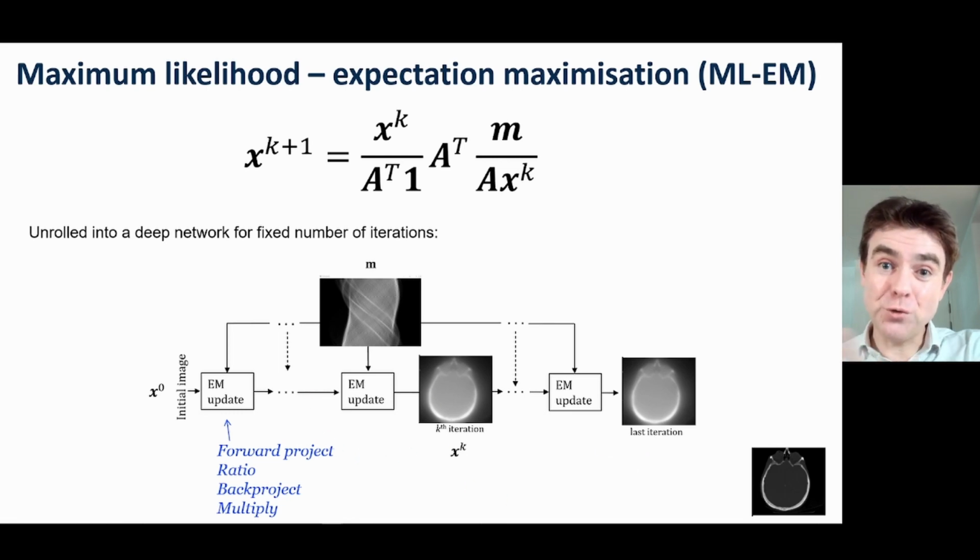Now, in order to do that back propagation of the gradients through our entire model, we're going to need to use torch tensors for the entirety of this calculation. And the slightly challenging part there is the system model A, which in this simple example just does the process of forward projection. So we're going to need to put that matrix A into a PyTorch tensor, and that is what I'll be showing you.